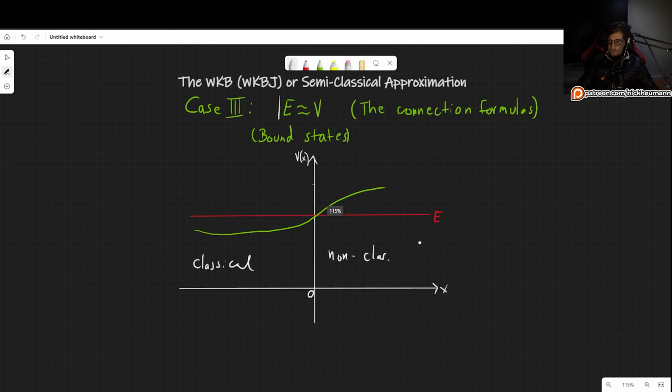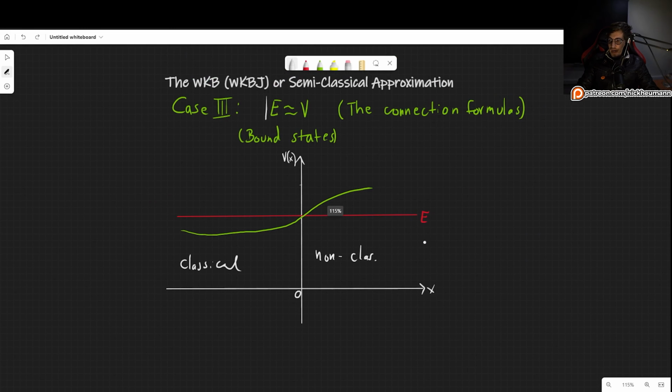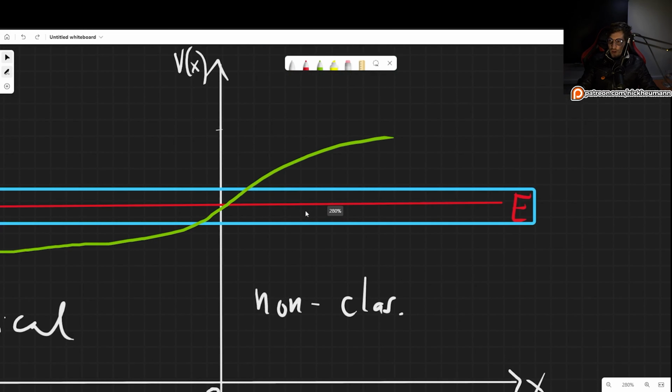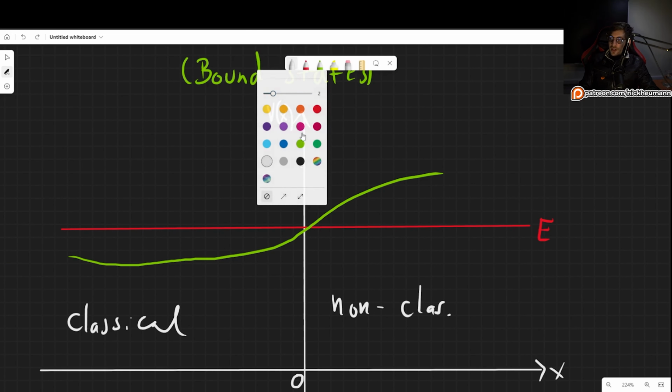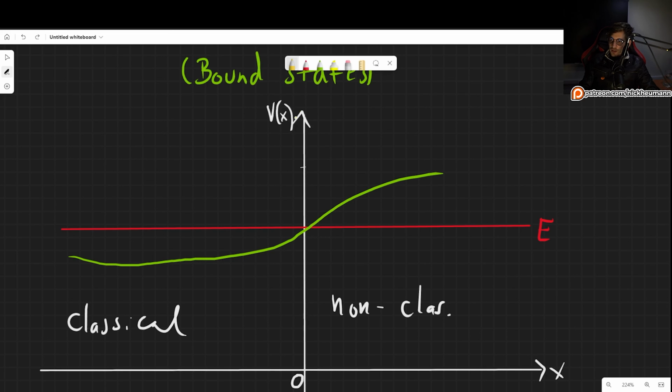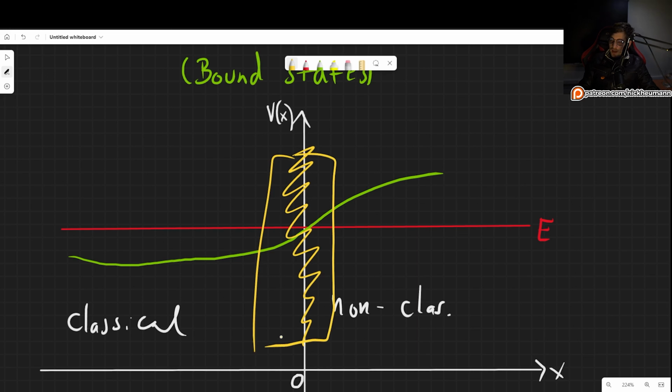Okay, so let us now begin discussing how we patch these regions. What do we do here? Well, the answer is precisely there. We patch it. We will now create a zone here in the middle, somewhere here. We will have some region in between where we will have a special wave function. And what we will do later, we will find this patching wave function, and then we will apply a condition.